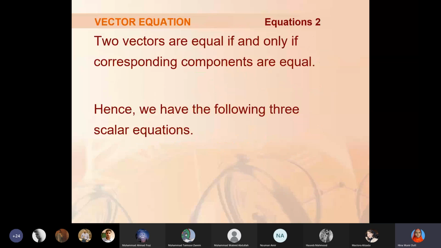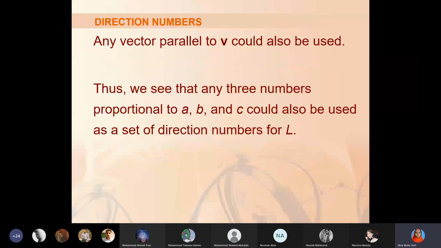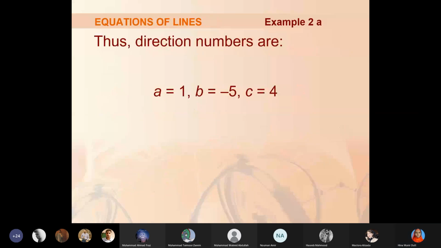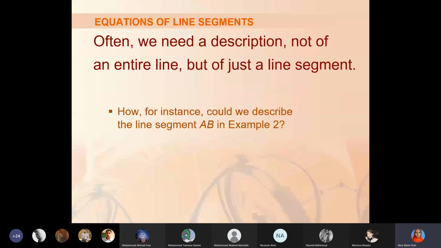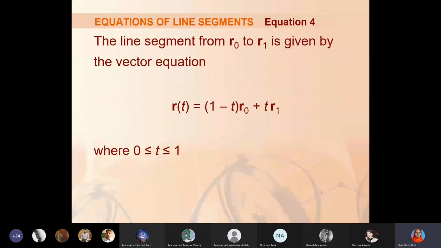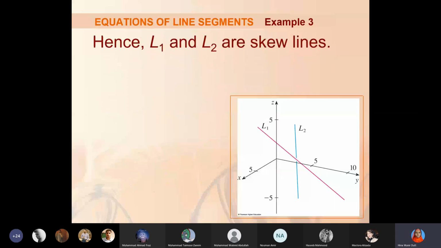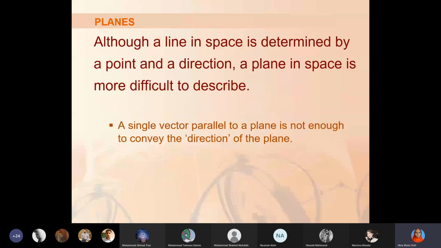As we did to determine the equation of the line in space, we need a point and the direction of the line L. That is the point P that lies on the line, and the direction of the line, which is given by a vector parallel to the line. Now we will derive the equation of the plane, and same we need a point that lies on the plane and the direction of the plane.